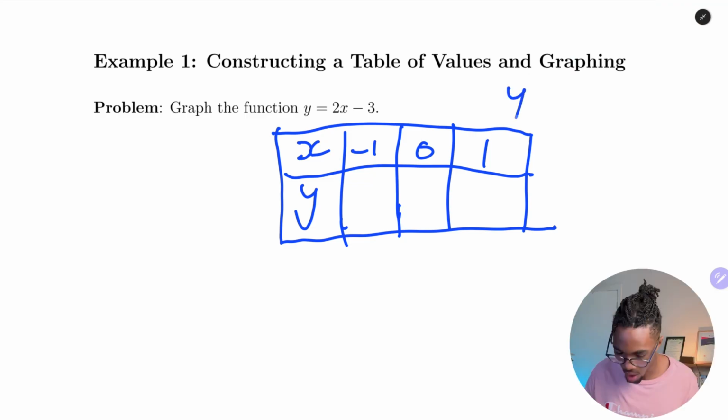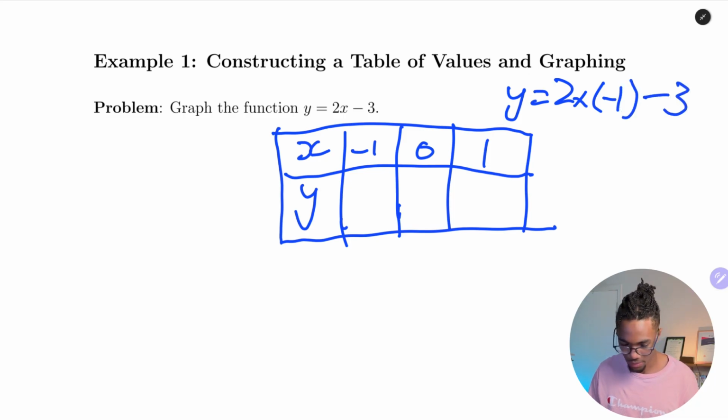So y equals 2 times -1 minus 3. That's -5. And then the next one, we put 0 in. That's -3. The next one, we put 1 in.